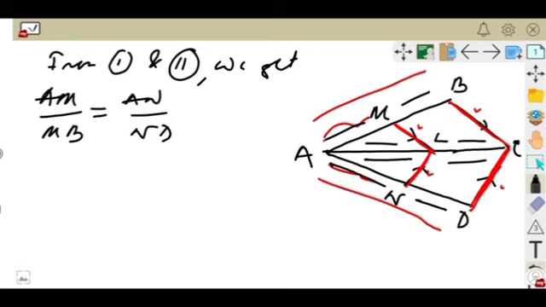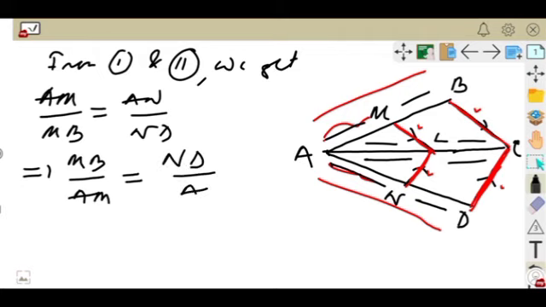Okay, let me do like this. This AM by MB, let me write its reciprocal like this: MB divided by AM. As I'm writing the reciprocal of the left hand side, even for the right hand side I need to write the reciprocal. So I'll be writing here ND by AN. And after that, on both the sides, let us add 1.